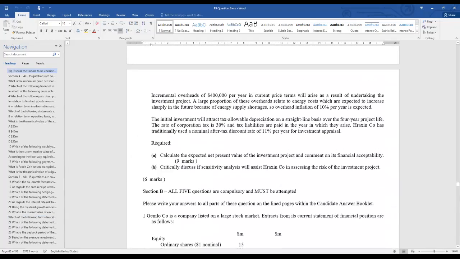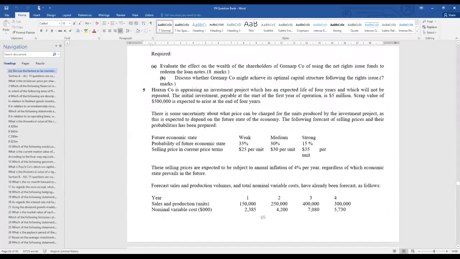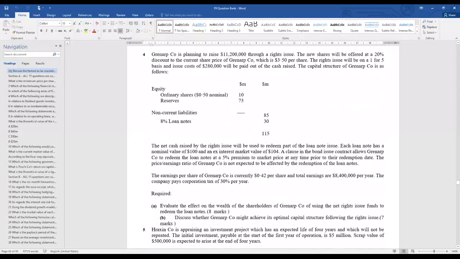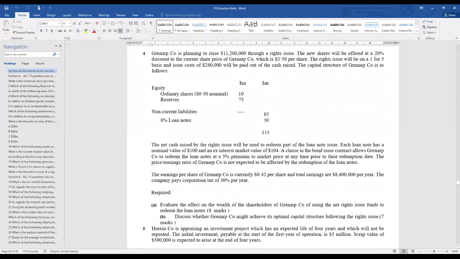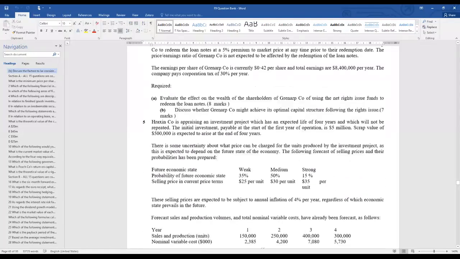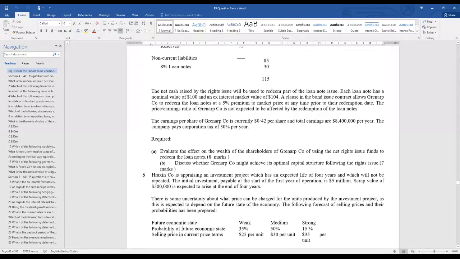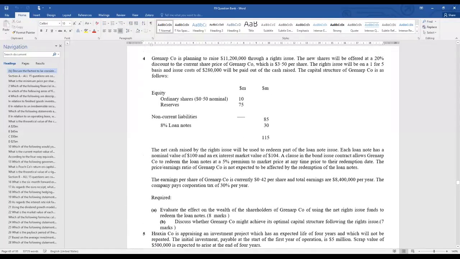Okay, then go to this question. Have we done this question? Green Up Company, page 65.